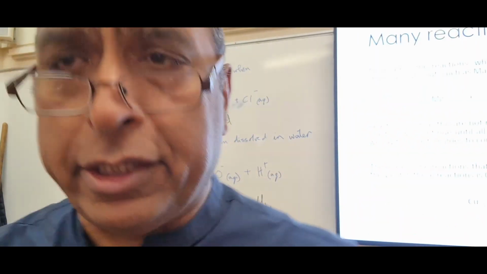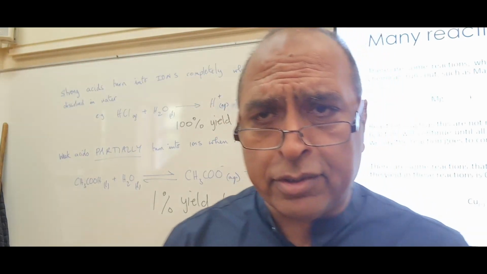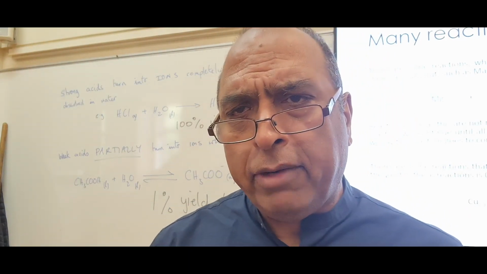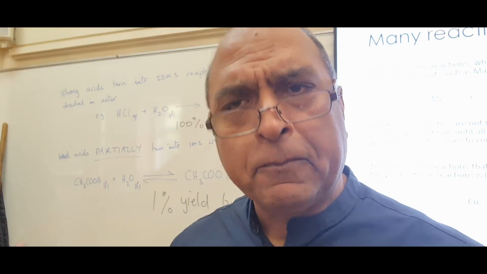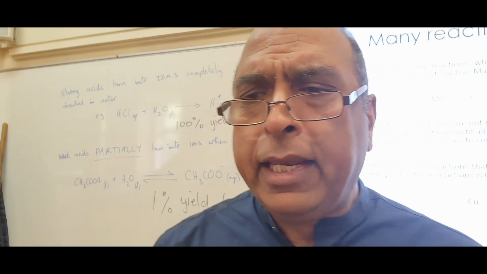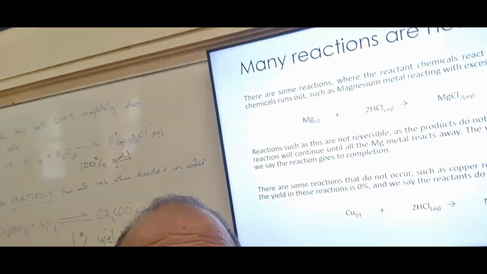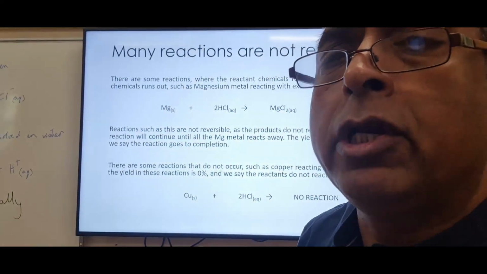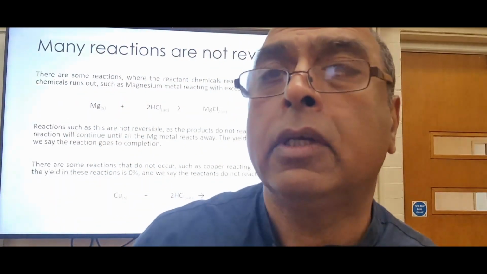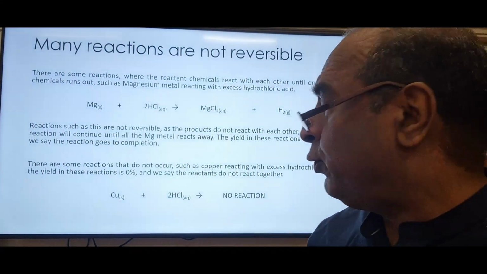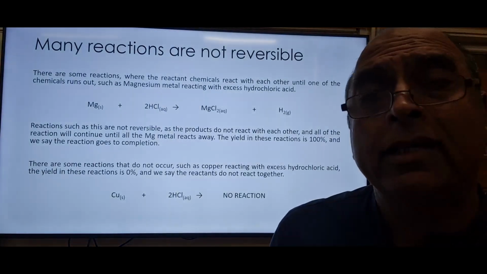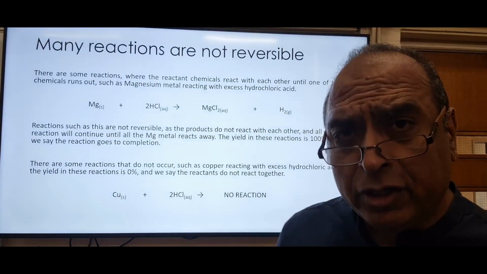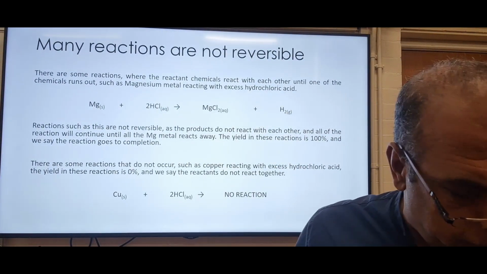So that knowledge, those 3 reactions, copper not reacting, magnesium reacting fully, and the idea of weak acids, is knowledge that hopefully you've got already, and you're going to tackle this topic with that knowledge embedded in your mind. So let's see if we can take you further and explain what reversible reactions are properly to you.